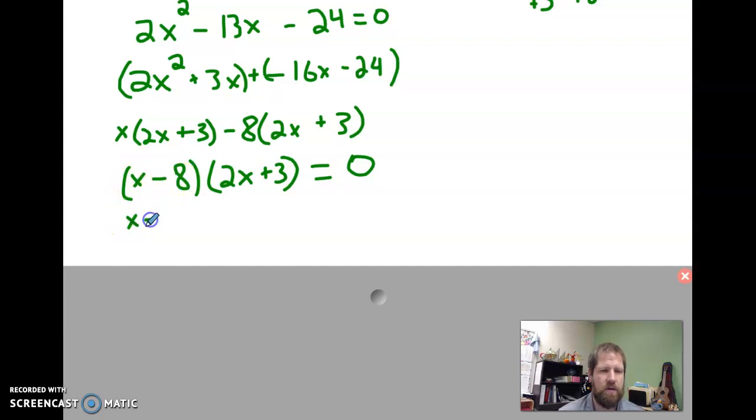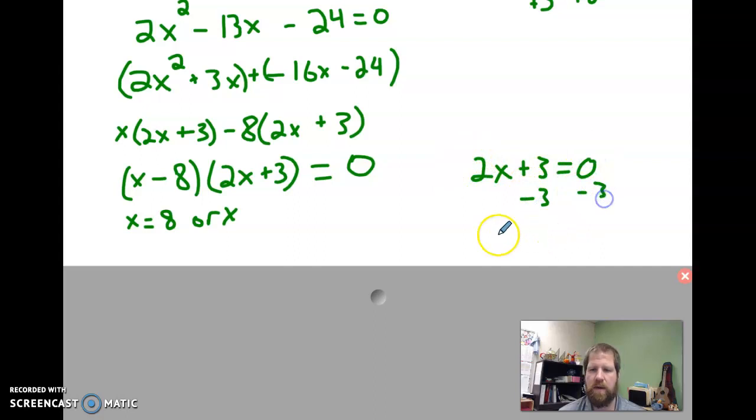So x could equal positive 8, or x could equal, for this one, 2x plus 3 has to equal 0. And every time you have a coefficient on x, you want to write it out as an equation: 2x plus 3 equals 0. Don't try and do those in your head.